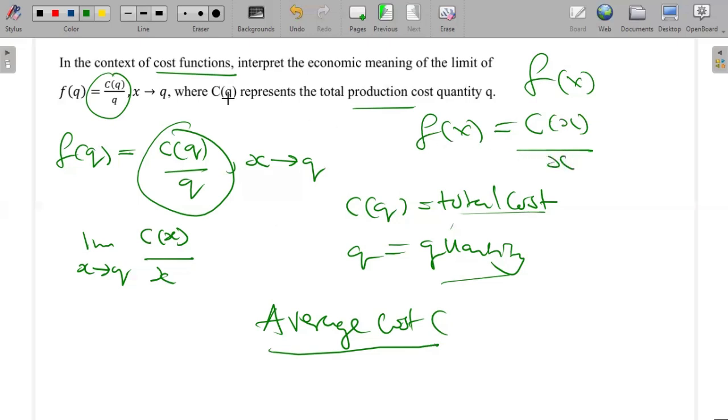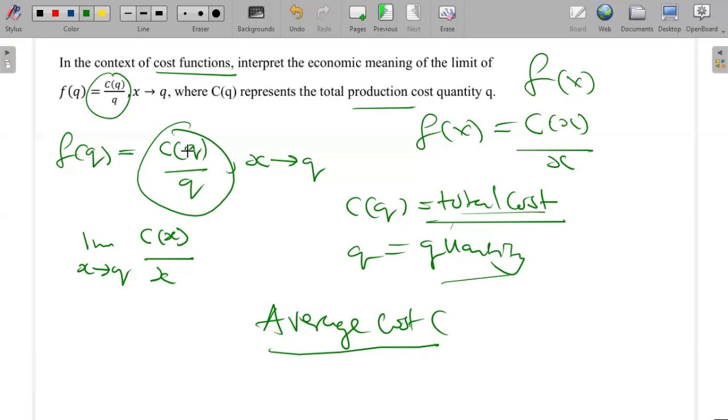They're telling us C(q), when we replace that, it represents the total production cost. So in short, it's the total cost that we are having. And then q is representing the quantity. So this is how much total we have, and this is how much we have produced.